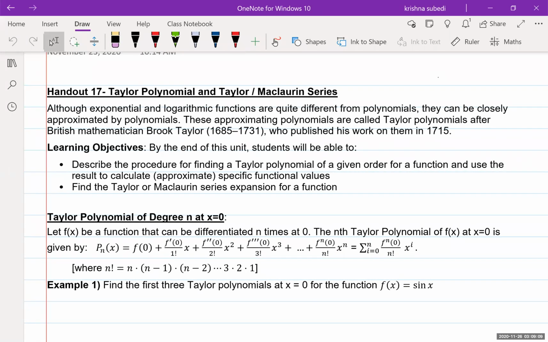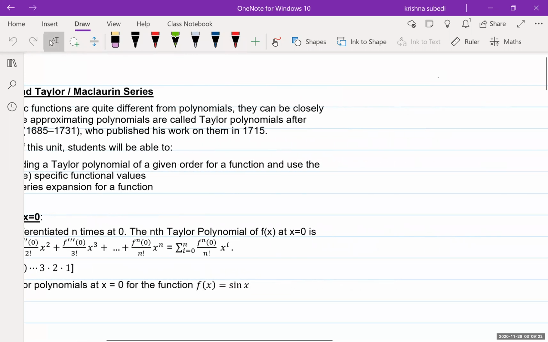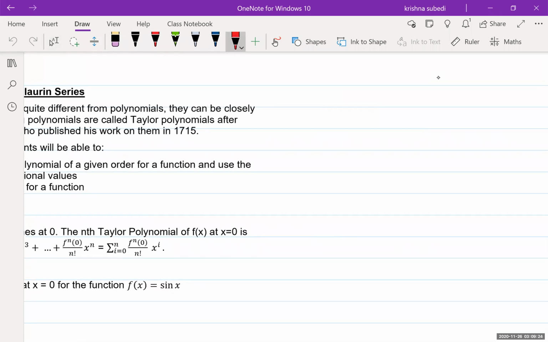So today we'll be working on Taylor polynomial and Taylor series or Maclaurin series. One of the important aspects of Taylor polynomial or Taylor series is this: sometimes we have dealt with exponential functions, logarithmic functions, and trigonometric functions, right?